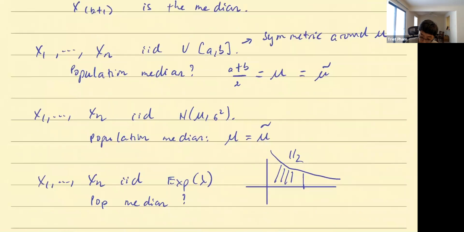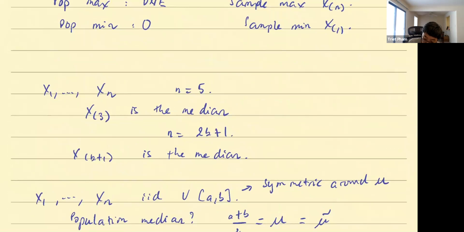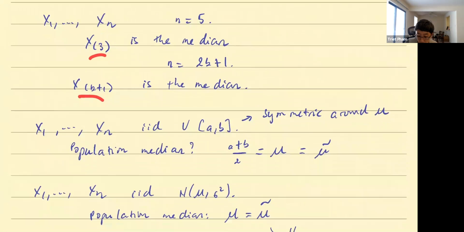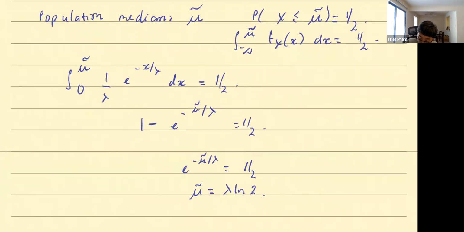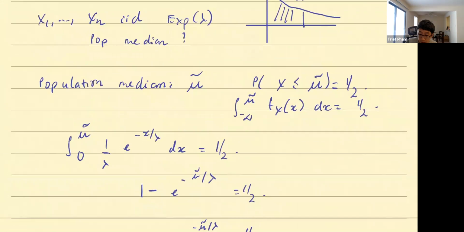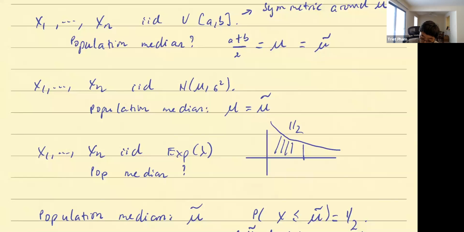So back to what we have. We have a sample median. The sample median is clearly a natural estimator for the population median. Before, a natural estimator for mu is the sample mean, because mu is a population mean.